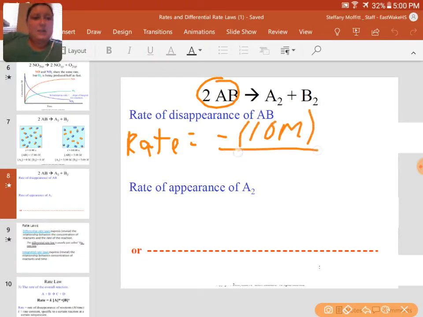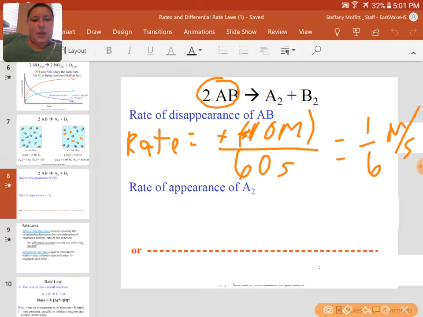And that's over 60 seconds. If you do the math, you get 1/6. And that change was actually a negative number, which makes it positive overall. You get 1/6 molar per second.